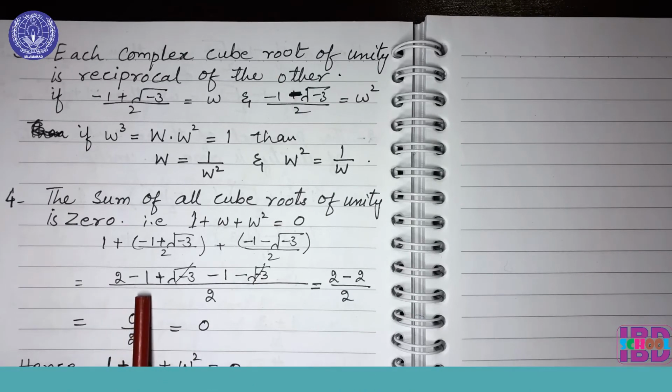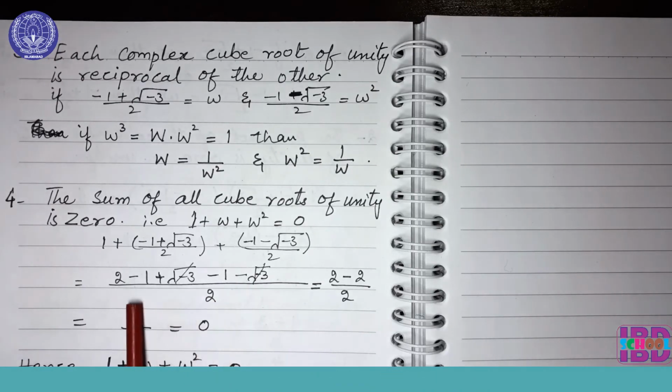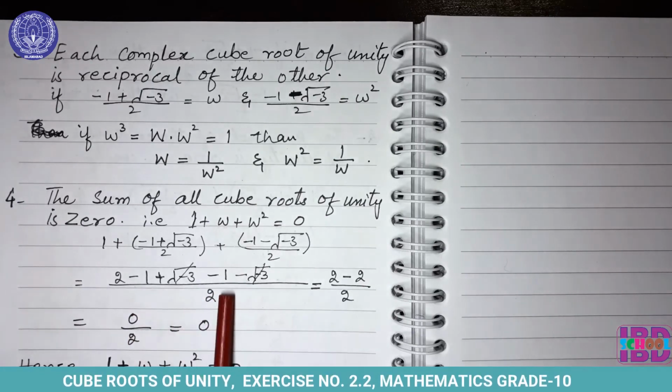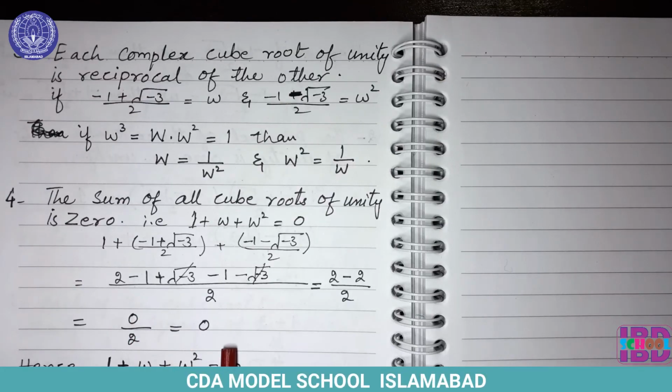2 minus 1 plus under root minus 3 minus 1 minus under root minus 3. Minus 3 is cancelled, and we have 2 minus 2 by 2. 2 minus 2 is equal to 0 by 2, and 0 by 2 means 0.